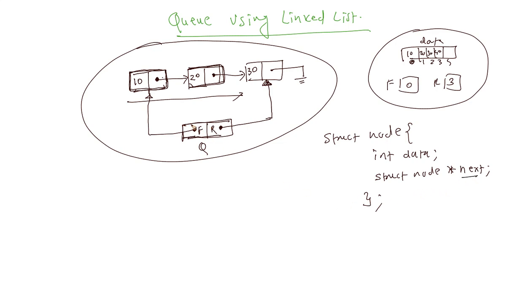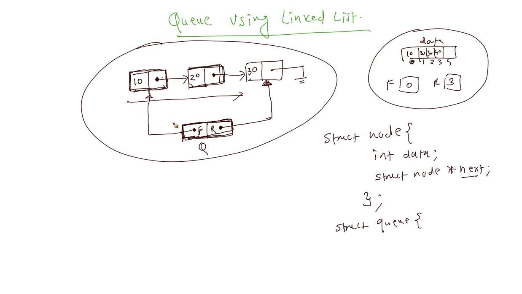So another structure I will use to create this type of variable, queue. Inside queue I have two pointers, right? So queue can be created by using a structure. The structure for creating queue type variables is like this: struct queue. Inside that I have two pointers, F and R. And what is the type of F?